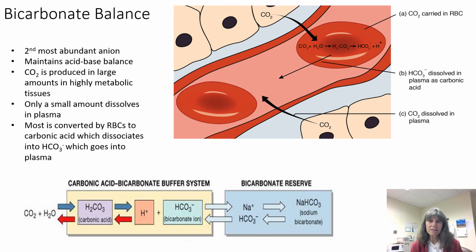When we look at the balance of bicarbonate, remember that chloride is the most abundant anion in extracellular fluid. Bicarbonate is the second most abundant anion. And bicarbonate is really important in maintaining acid-base balance because bicarbonate can be used to soak up excess hydrogen ions.